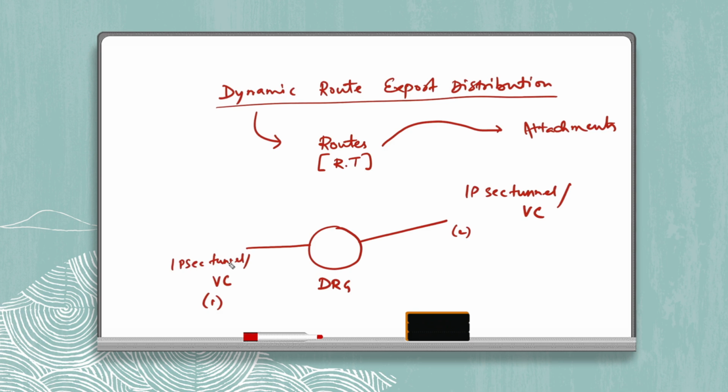The routes that are imported from an IPsec tunnel will never be exposed or exported to other IPsec tunnel or virtual circuit attachments. So that is not possible. And by default, there is one route export distribution when you create a dynamic routing gateway.